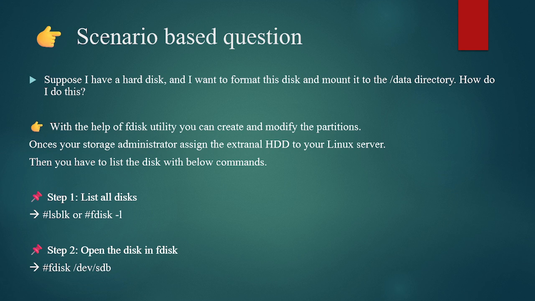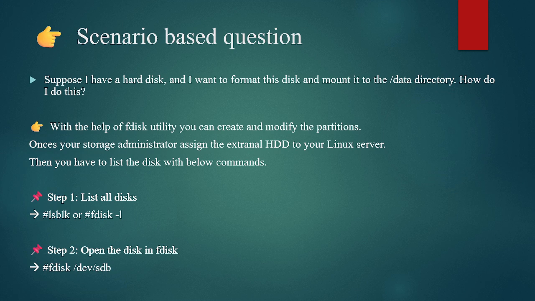So our answer is: with the help of the fdisk utility, you can create and modify partitions. Once your storage administrator assigns the external HDD to your Linux server, you have to list the disks with the commands below. In the last video, we attached a 150 GB hard disk to our Linux server.